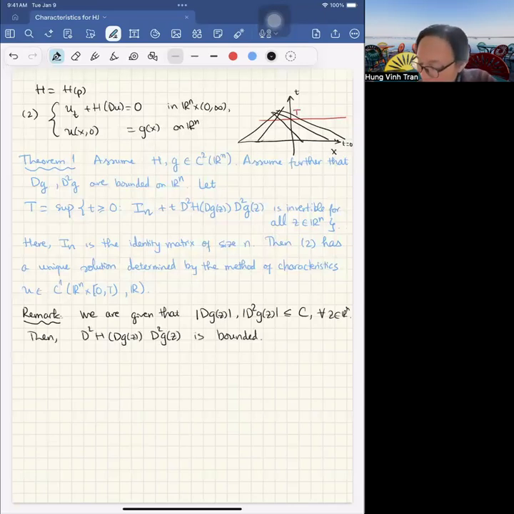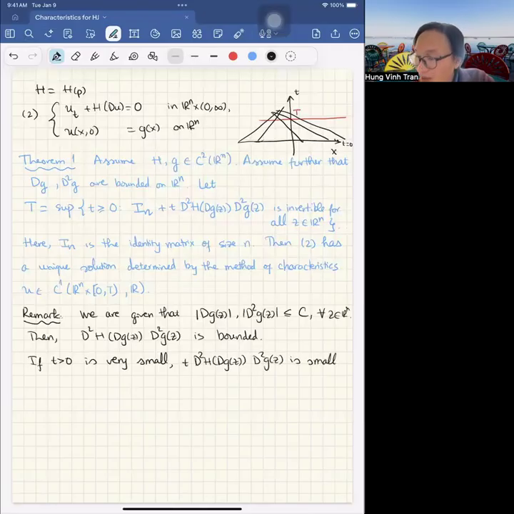So if t greater than 0 is very small, I would have that t times D squared H acting at DG of z, times D squared G of z, is small, because I'm multiplying a bounded matrix with a constant t that is small.